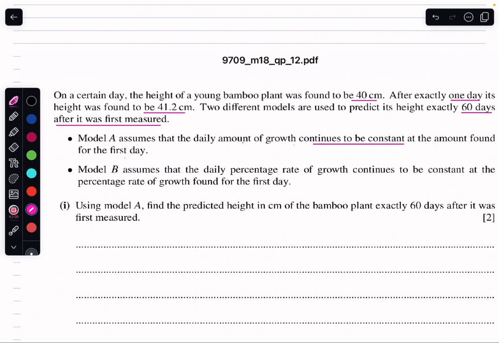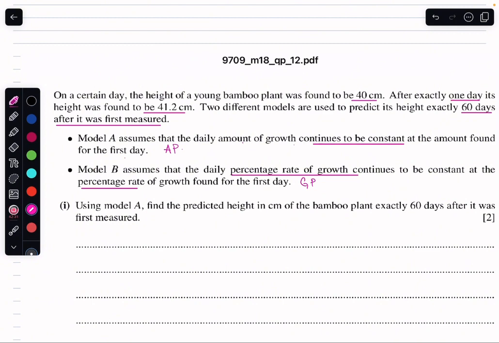Model B assumes that the daily percentage rate of growth continues to be constant at the percentage rate. So obviously, percentage rate means we are following a geometric progression here. So model A is representing arithmetic progression and model B is representing geometric progression.